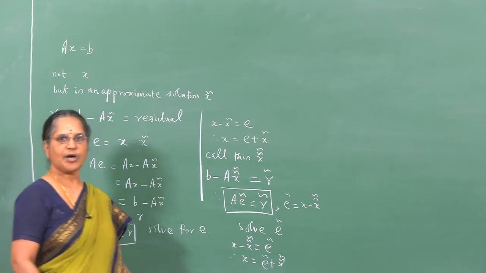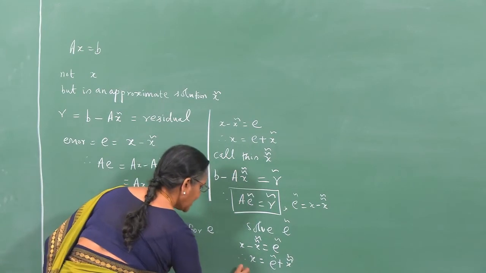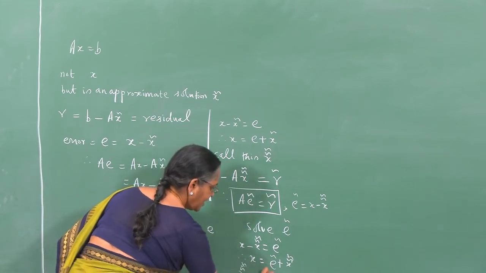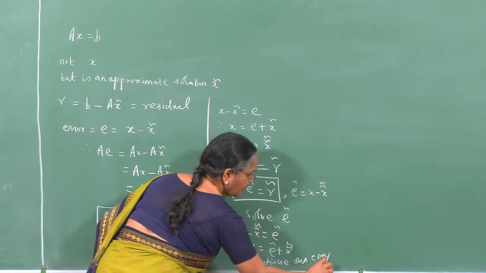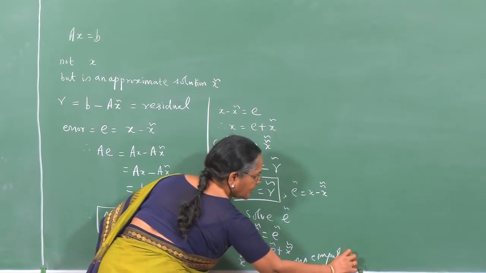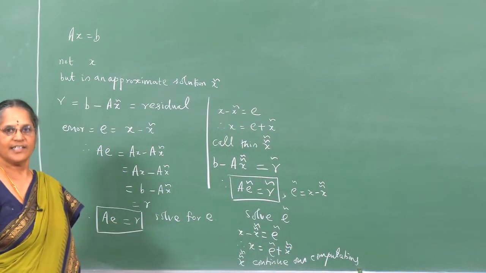If so, we stop our computations. If not, we call this x triple tilde and continue our computations till the desired degree of accuracy is achieved.